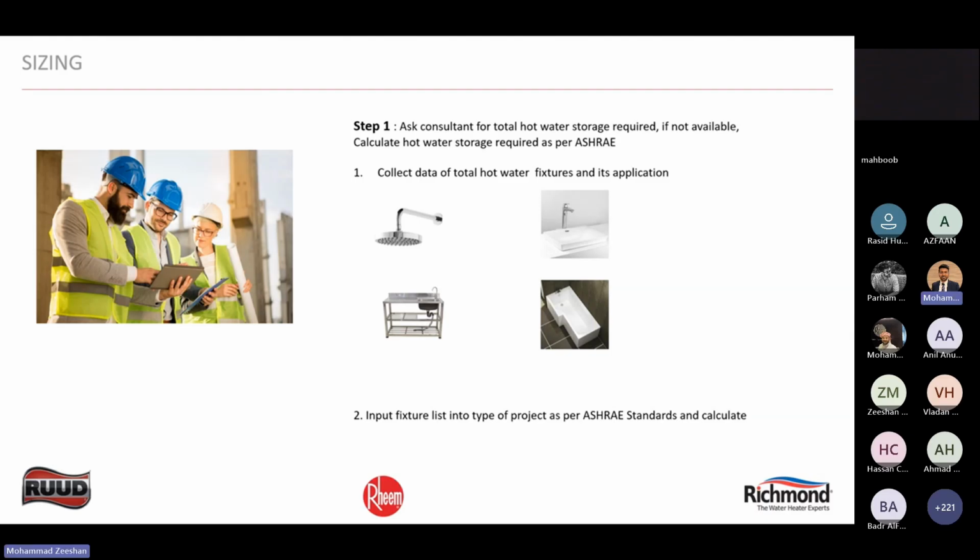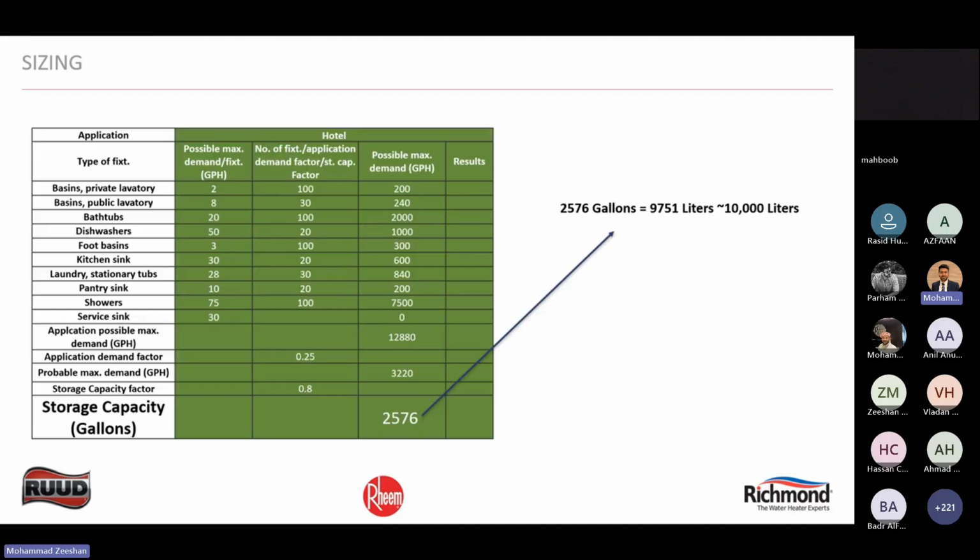A lot of times, good consultants give us the hot water demand. In case we don't have the hot water demand ready, we ask for the hot water fixtures, which they easily provide. We list all the hot water fixtures available in the project in an Excel sheet and start calculating as per the ASHRAE standards.